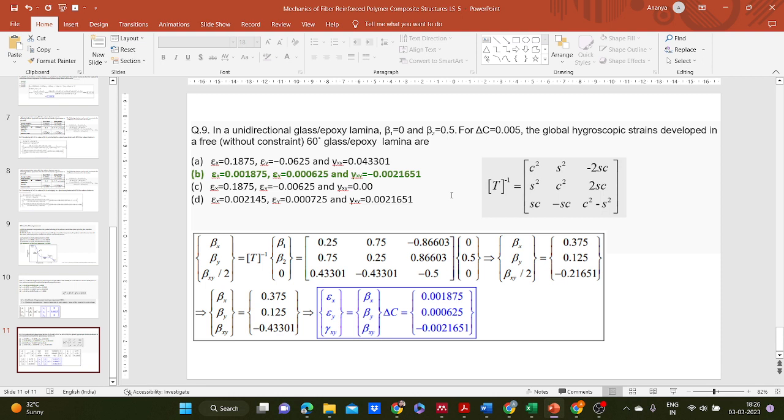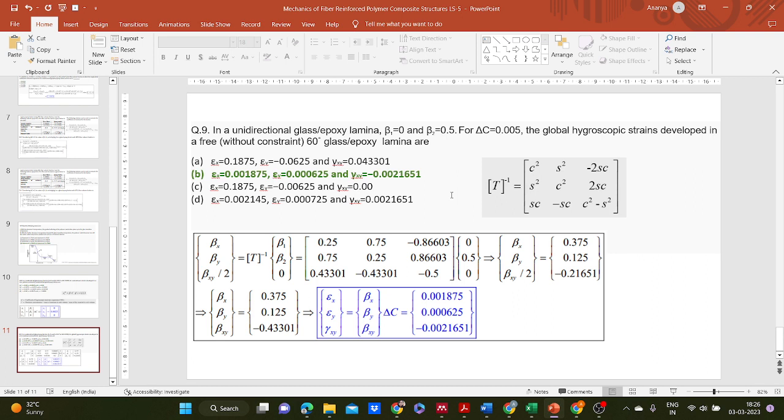What is there in the question? You're talking about the question in the assignment you got right now. Yeah, last question. So can you tell me the question? Like what all data are given? Only two data are given. One is 60-degree angle lamina, and another one is lamina absorbs 0.5% moisture.